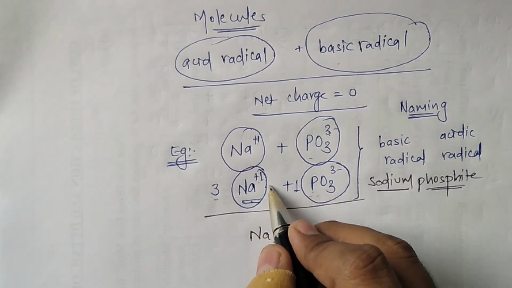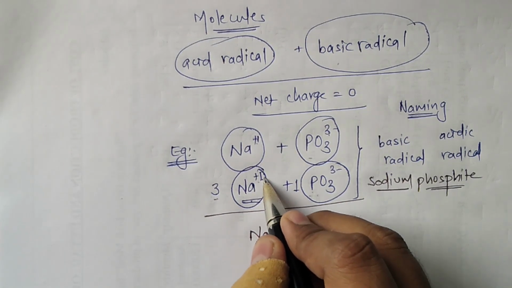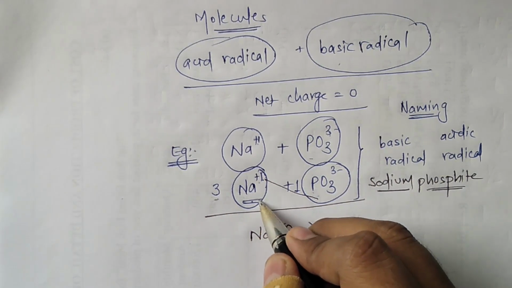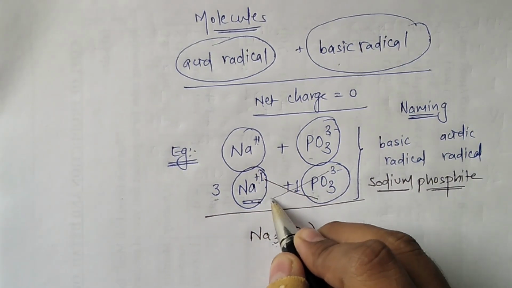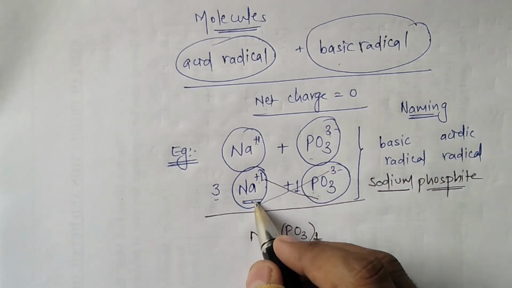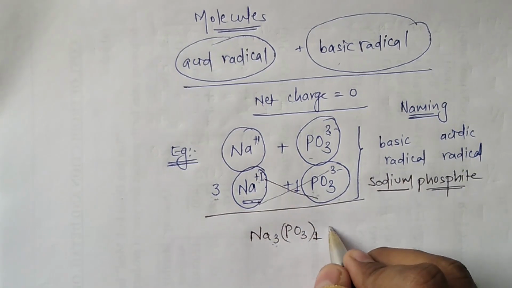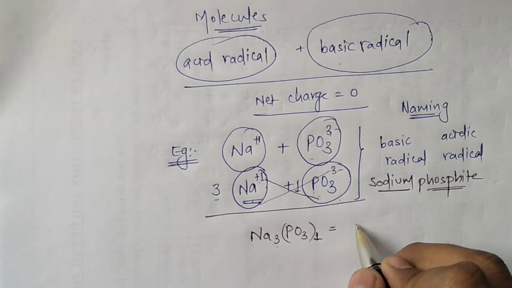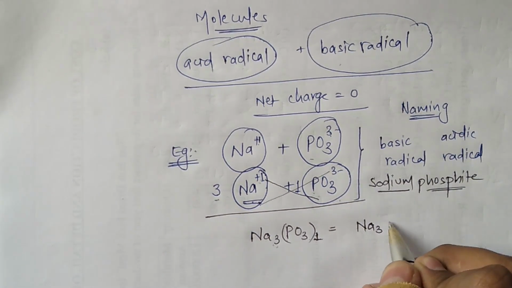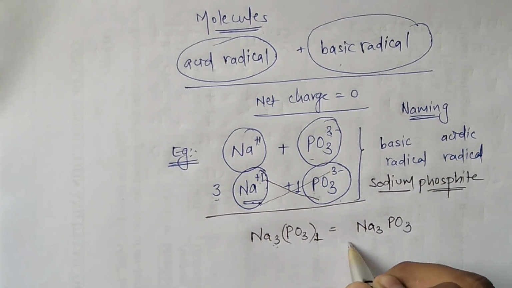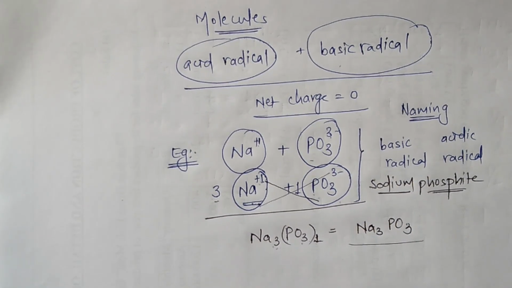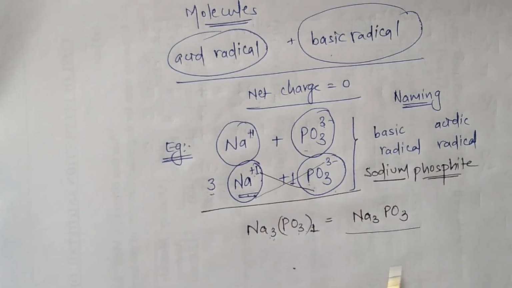Again it is written as crisscross, where the charge of this is written as the number of atoms of the other, and the charge of that is written as the number of atoms of this. So 3 will be here and 1 will be here. So ultimately I can write Na3PO3, because here I am using only one unit of PO3, not extra units of this acidic radical.